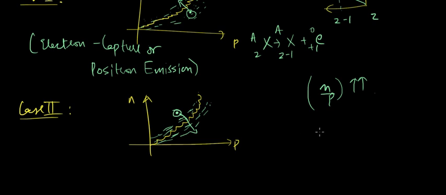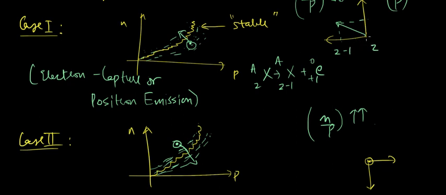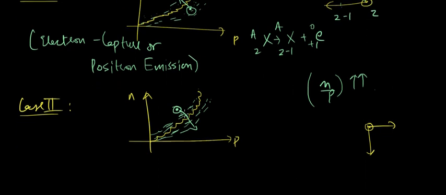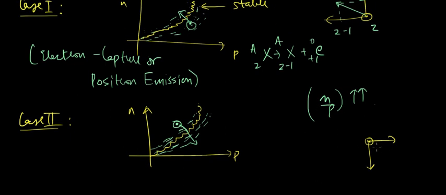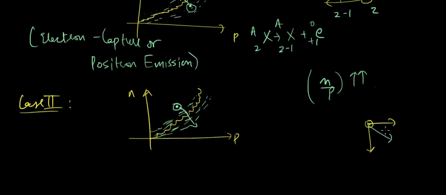So as to increase its number of protons, it should move something like this. This is the current coordinate of that particle, and from the current coordinate it will move something like this, so as to increase Z. So from Z it goes to Z plus 1.